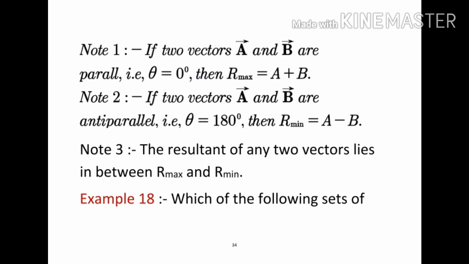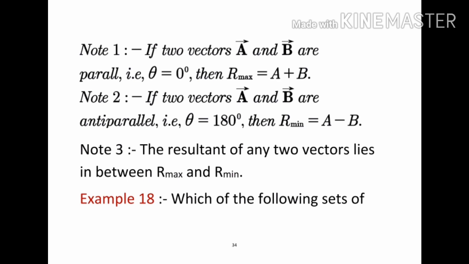If two vectors a bar and b bar are anti-parallel to each other, that is theta is equal to 180 degrees, then we can get the minimum resultant. So that minimum resultant is taken as R minimum equal to a minus b.